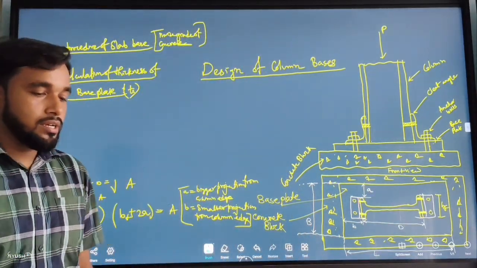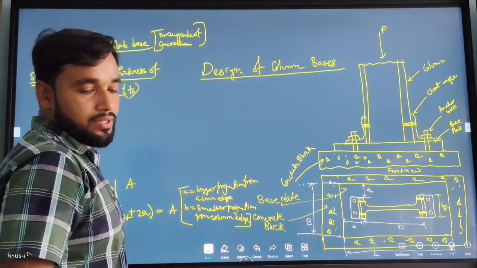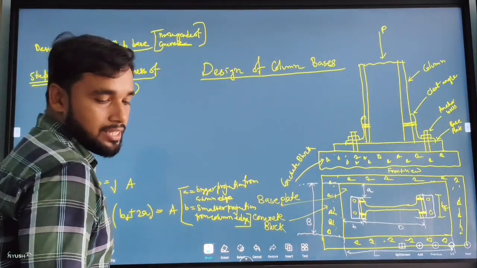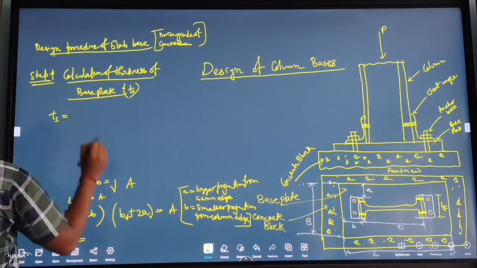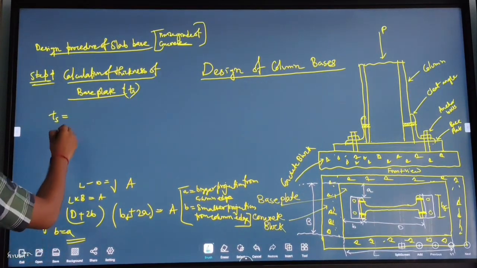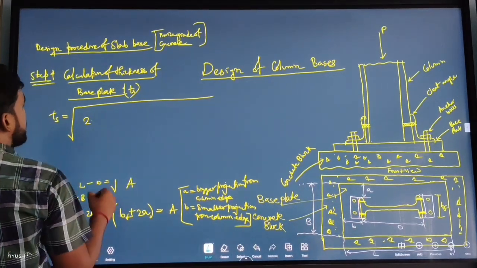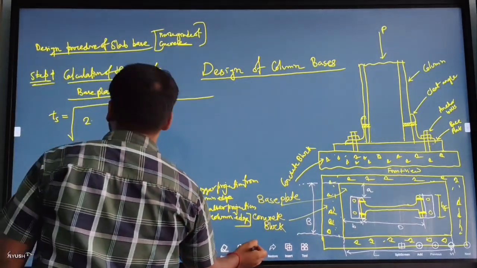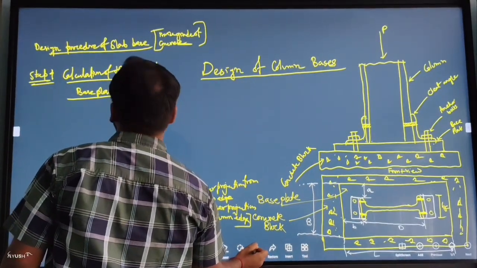That is the clause: minimum thickness of the rectangular slab base supporting column under axial compression. The minimum thickness of the base plate is given in clause number 7.3.4.1. Before that, there is one more step.